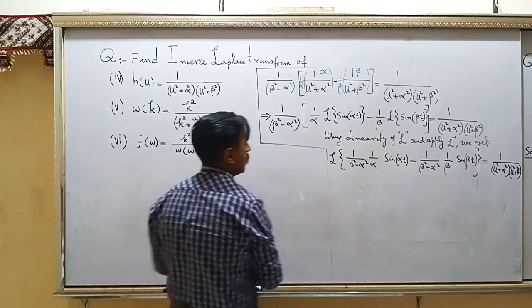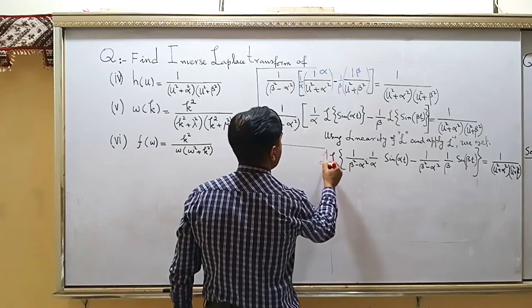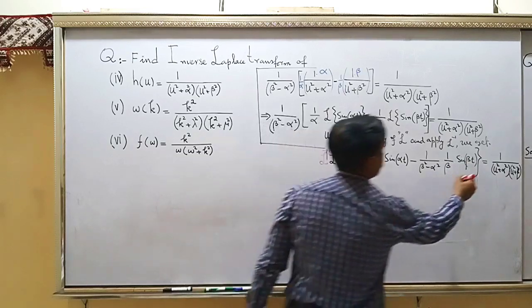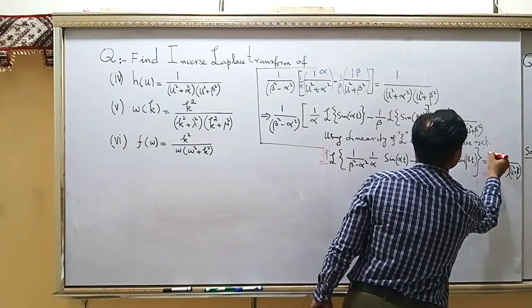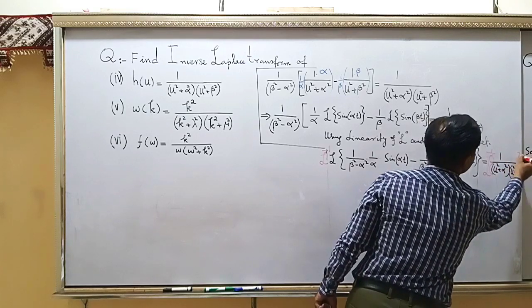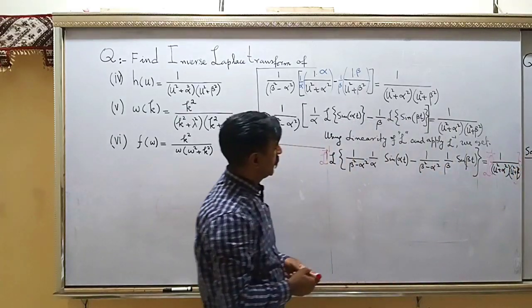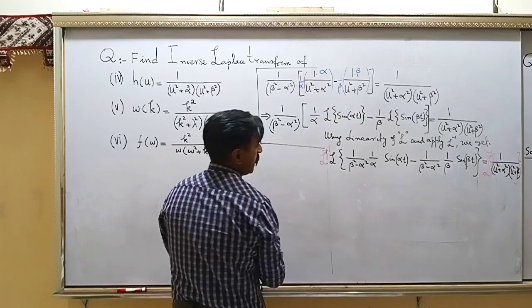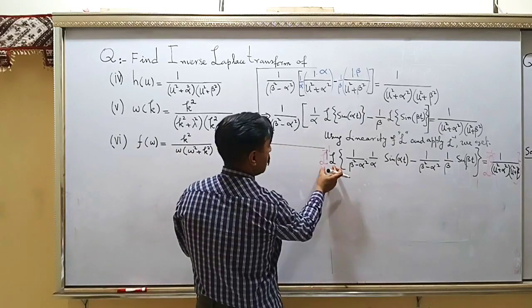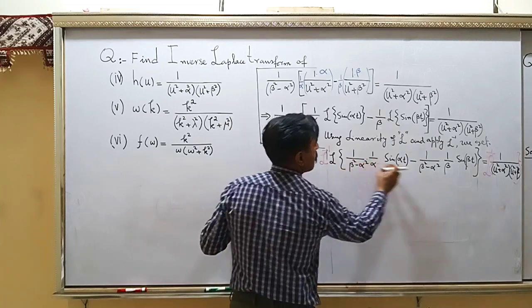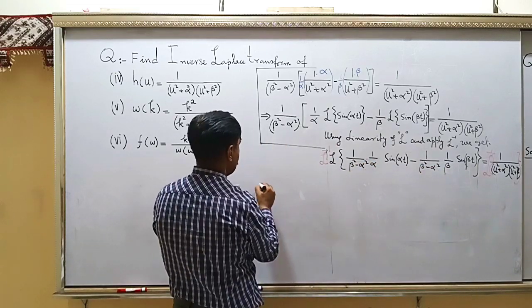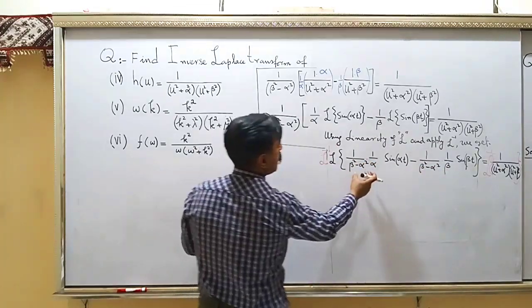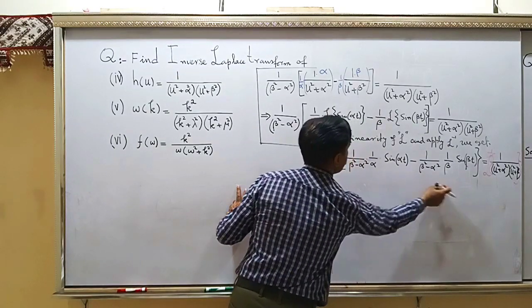Let me apply it in the red, L inverse here and L inverse here, right? Now this will cancel, and in the next step you have your answer. This cancels to give the same function because this is an identity.